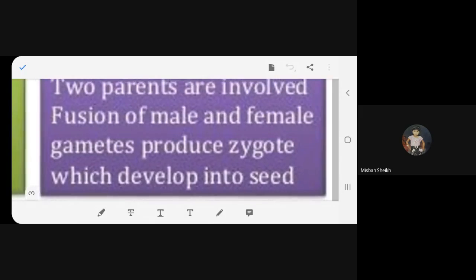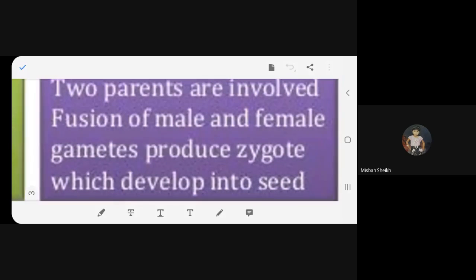In sexual reproduction, two parents are involved, one male, the other female, which give rise to male cells and female cells, called gametes. When they unite, they form a zygote. And when the zygote develops, it gives a seed, which is a baby plant. When we put the seed in the soil, it germinates and gives rise to a new plant. This is called sexual reproduction.